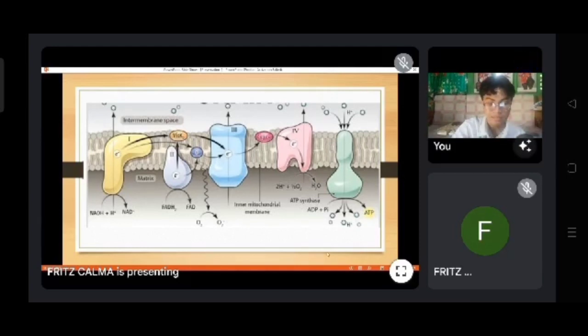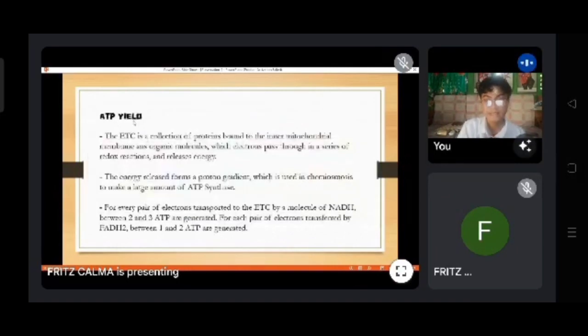And what will happen is magkakaroon tayo ng proton motive force, which will drive this ATP synthase to add a phosphate group kay ADP to form ATP. So generally that is what is happening in electron transport chain. So let's proceed na po sa next topic natin, which is ATP yield.